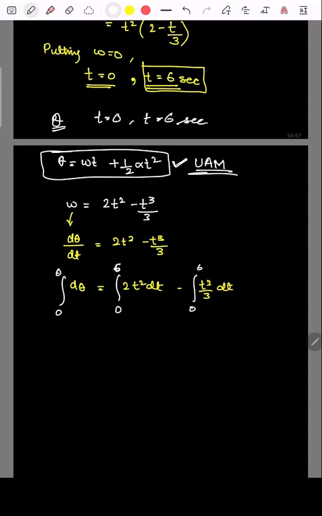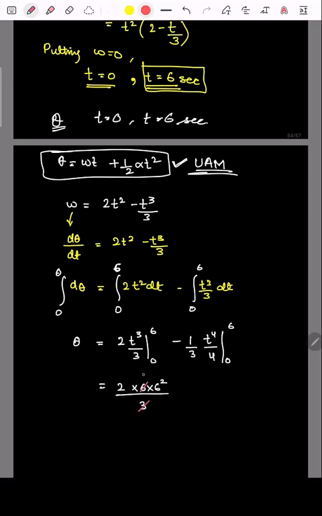Integrating this we get theta equal to 2 t cube by 3 limits 0 to 6 minus 1 by 3 t to the power 4 upon 4 limits 0 to 6. Solving this, we can write 6 cube as 6 into 6 square by 3.